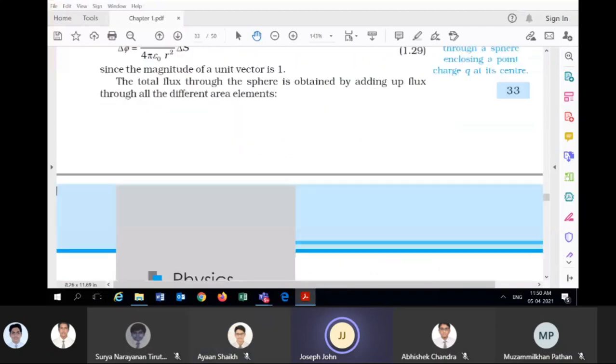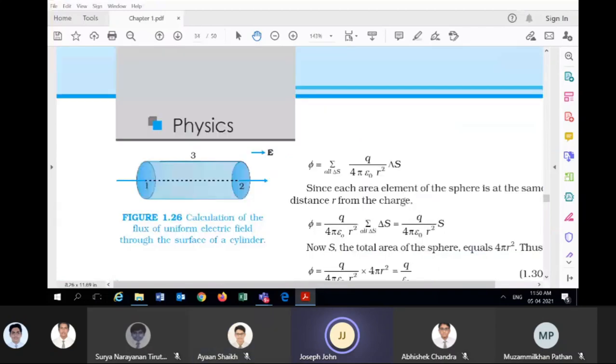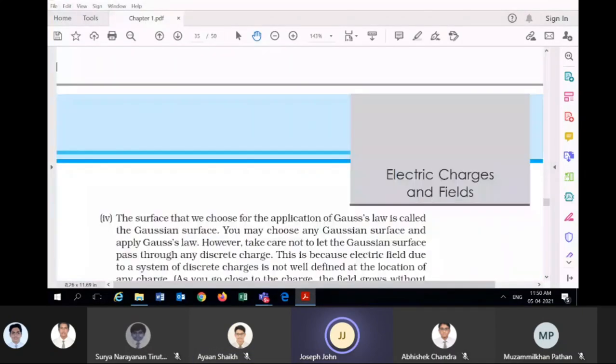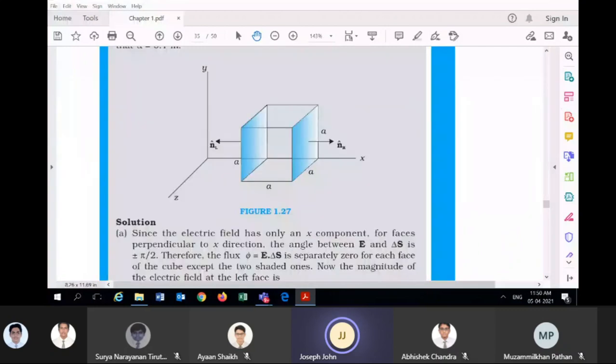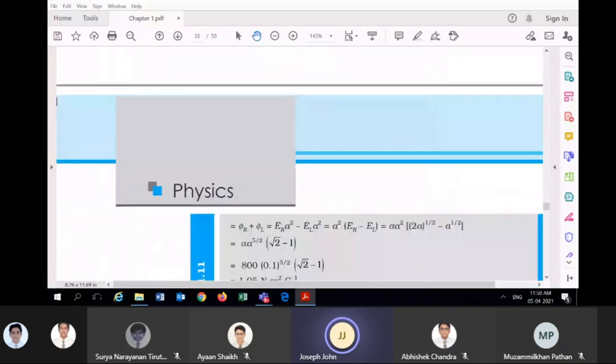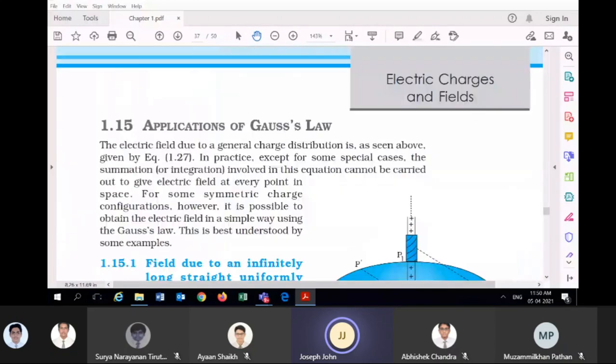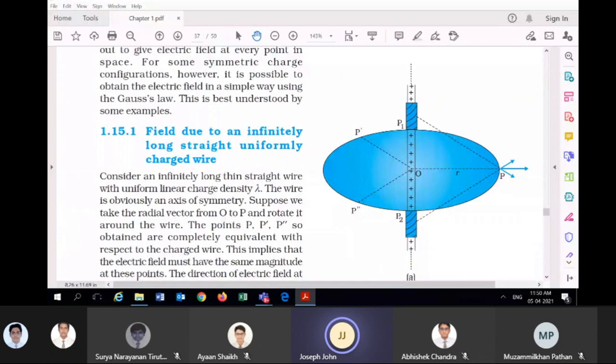Mark it important. There are 3 applications. Hopefully, first time they will ask one application, sure, 100%. And the final exam also, they are asking the applications. Mainly 3 applications are there. Number 1, you write.